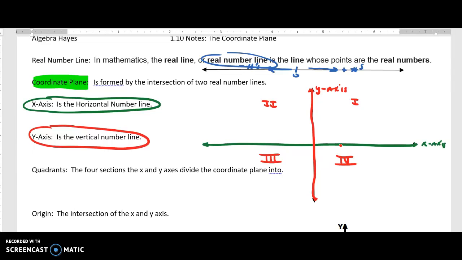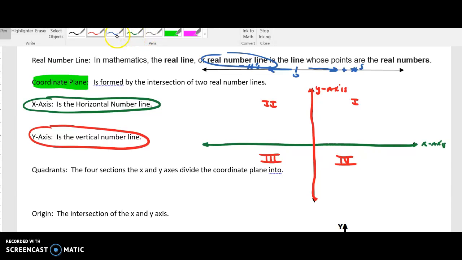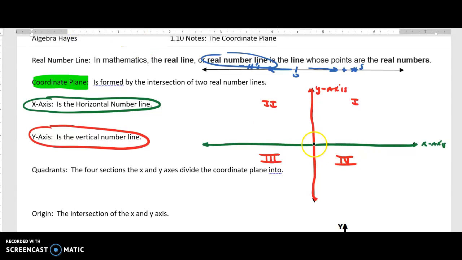Now what you have to notice is there's an intersection of the two axes here, and it breaks it up into one point here, which is called the origin. That is the intersection of the two. Now, when you go to the right side of the origin, all your x values are positive.